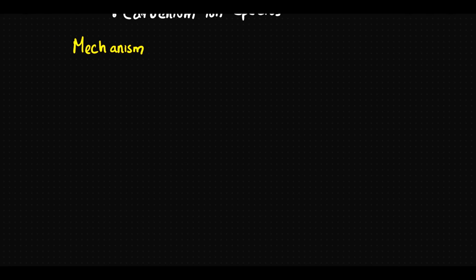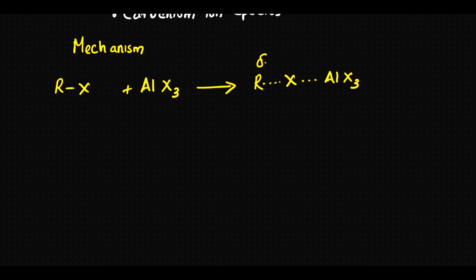The initial step is the coordination of the alkyl halide, which I will represent as RX, with the Lewis acid. Here, for example, aluminum chloride, and for halide I will represent X. It will form a coordinated species, RX coordinated to AlX3, forming a complex like this.